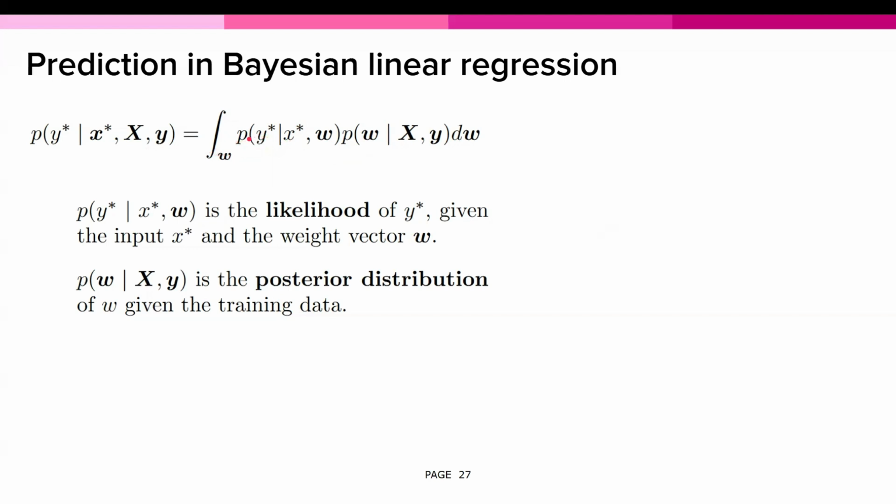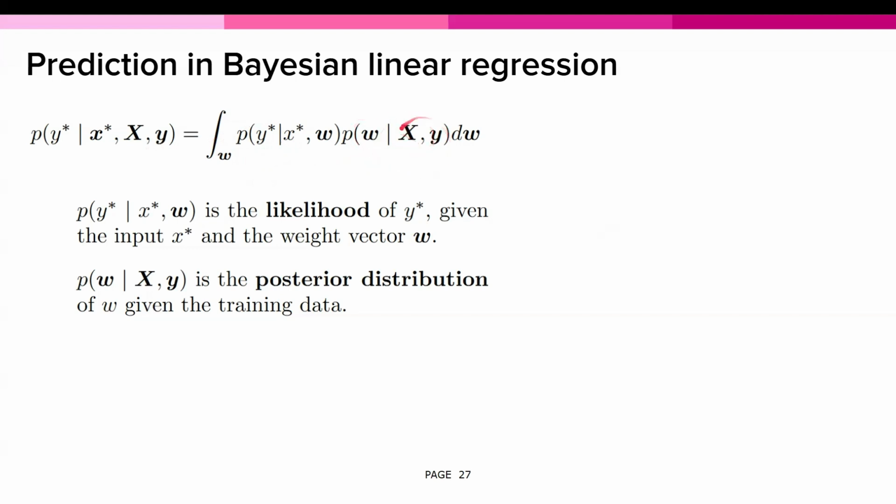So it describes how likely the new output y star is, assuming a fixed vector w and the new input x star. So this term represents the expected output value based on the linear relationship defined by w.